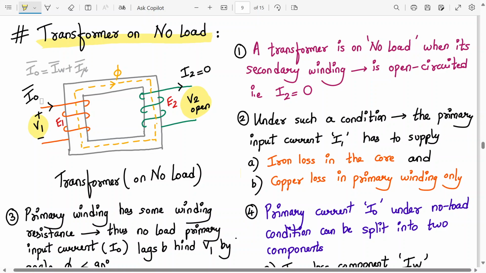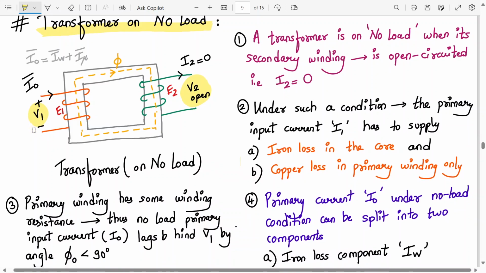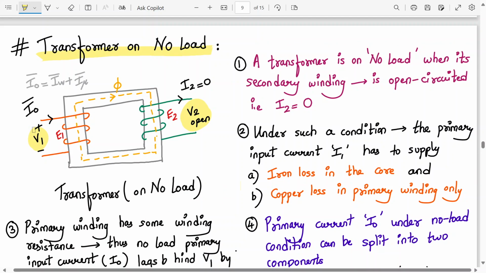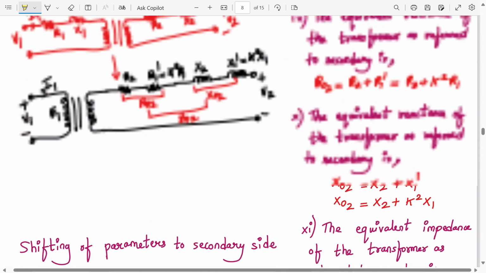I naught lags behind V1 by an angle of less than 90 degrees. Why does it do so? Because as you can see, you have a resistor and an inductor. This primary current flows through that resistor and the reactance, which is a form of an inductor that we have drawn over here, right?